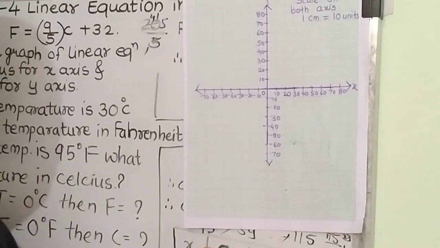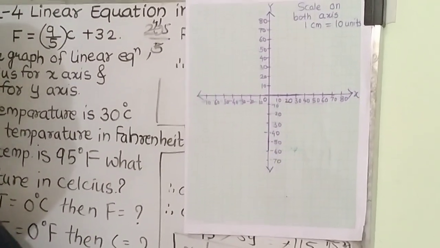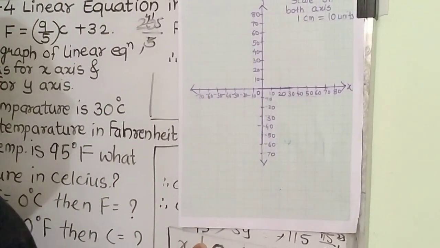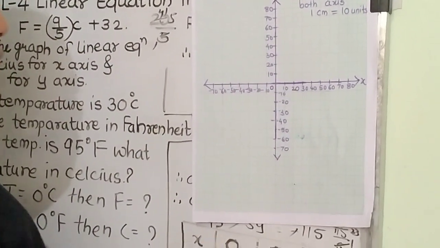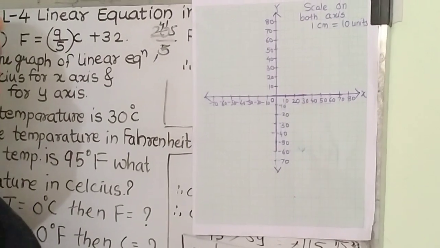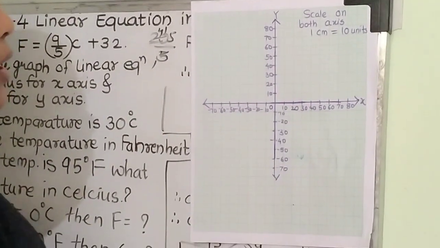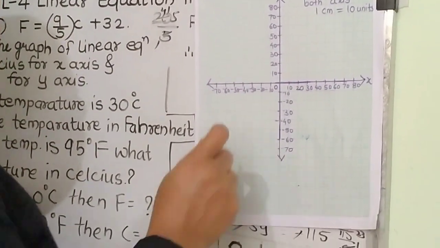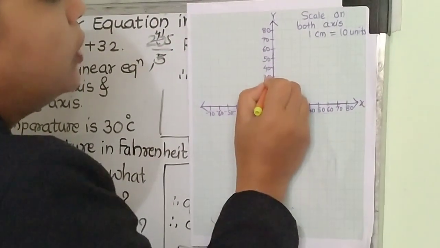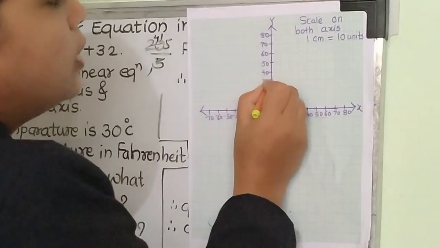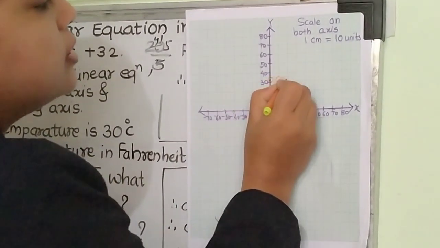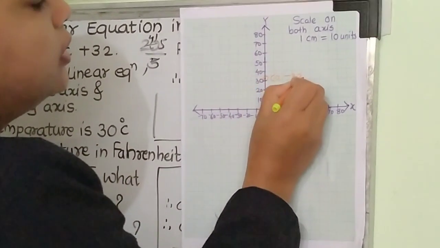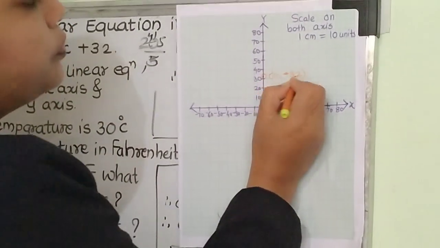So the first coordinate, that is 0 comma 32. When the x coordinate is 0, then we can say that the point lies on the y axis. So 32 I want to plot. So after 30, I am going to consider here 2 lines, that is our point, 0 comma 32.